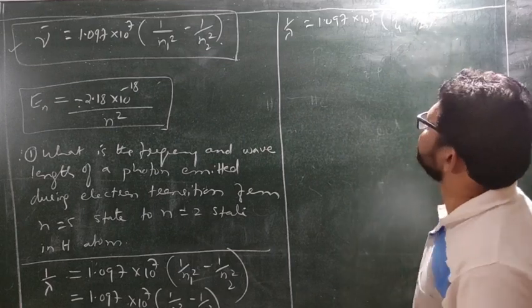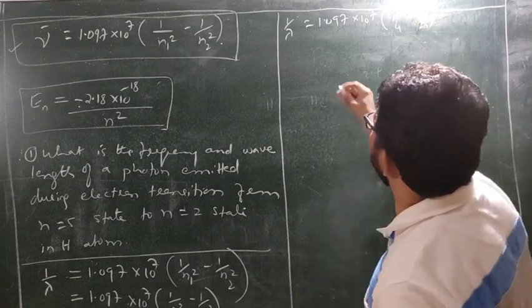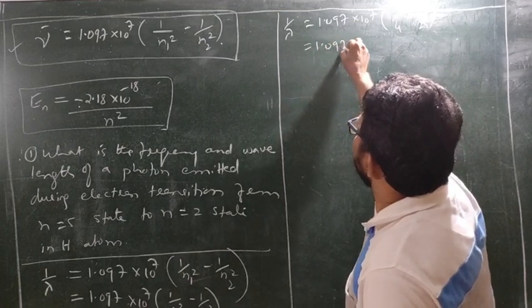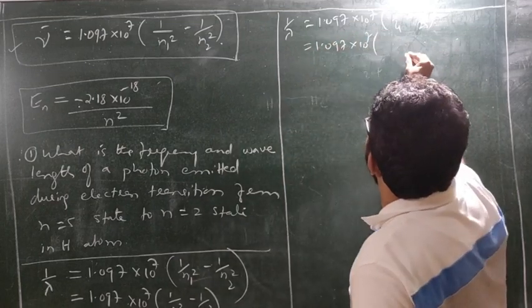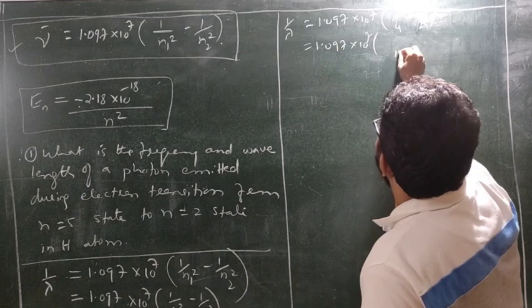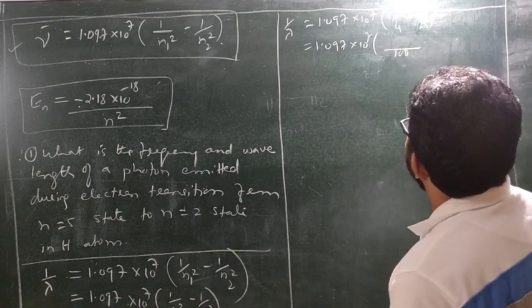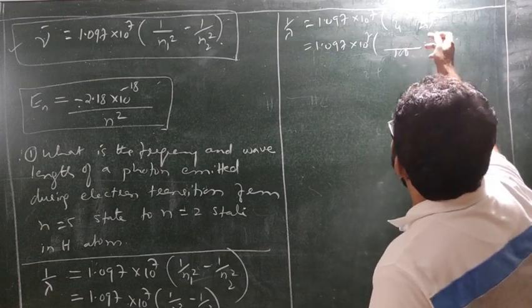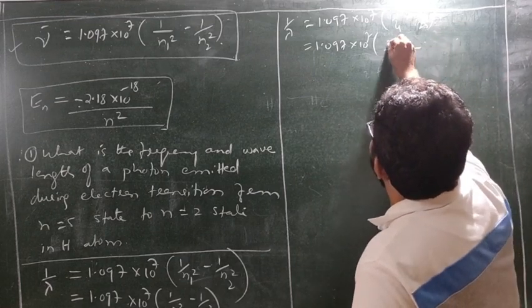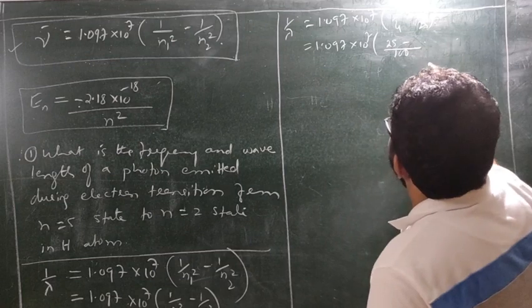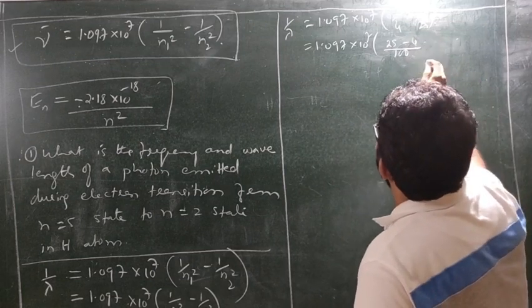Is this correct? So take LCM. 100 is the LCM. 25 times 4 is 100, 25 minus 4 is 21.